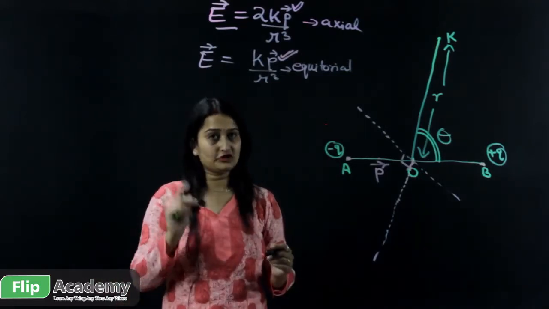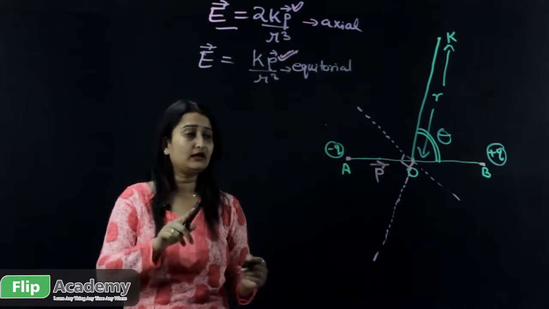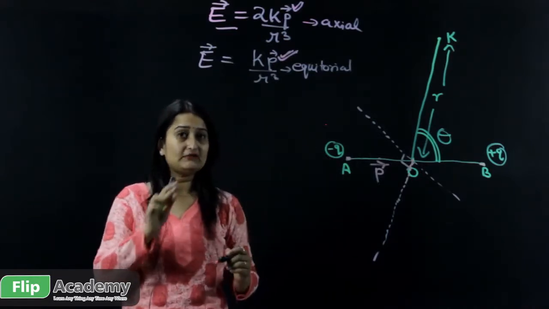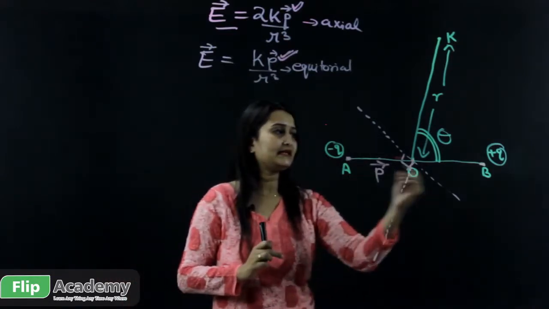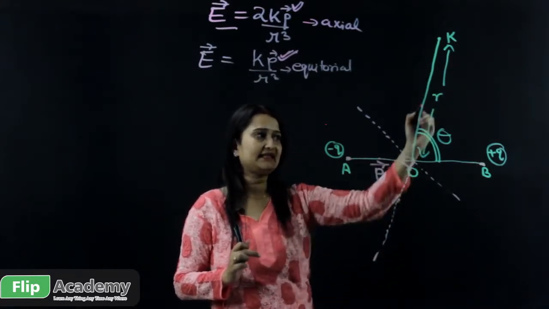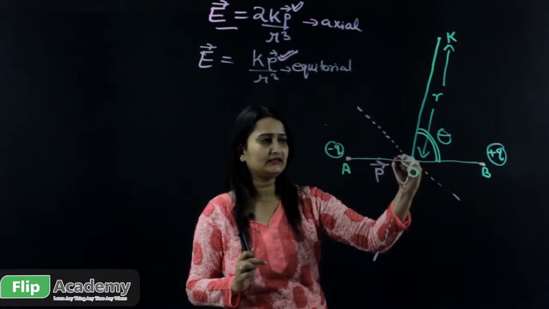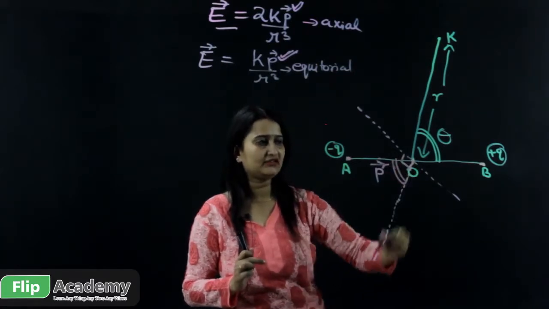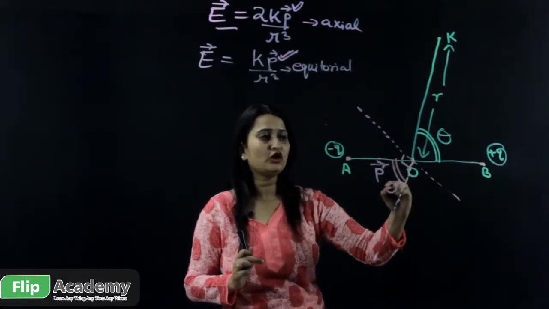In this condition, first we have to look at what angle this dipole moment is making with the x-axis. So the angle that vector P is making with the x-axis is theta.